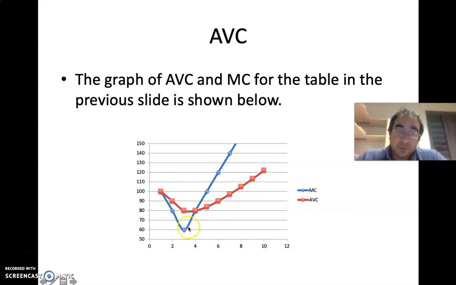So basically, at the point where average variable cost is minimum, marginal cost should have a positive slope. But always the average variable cost is at minimum when it intersects with the marginal cost.